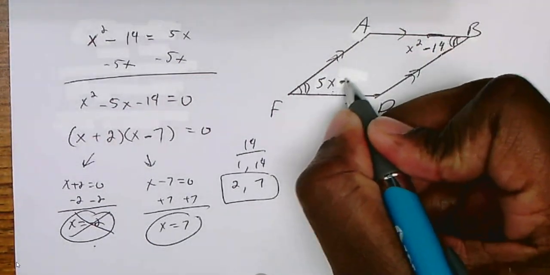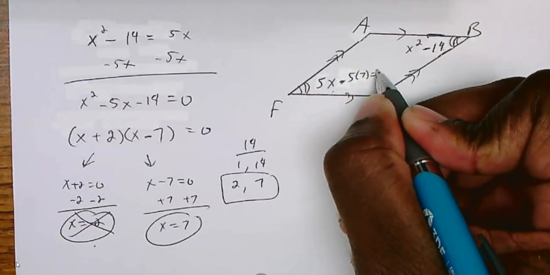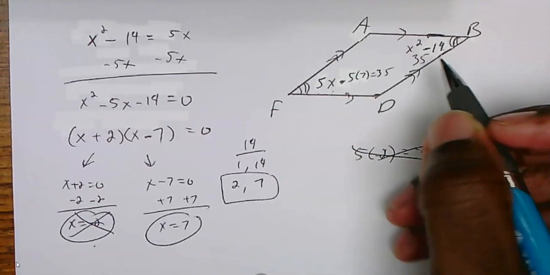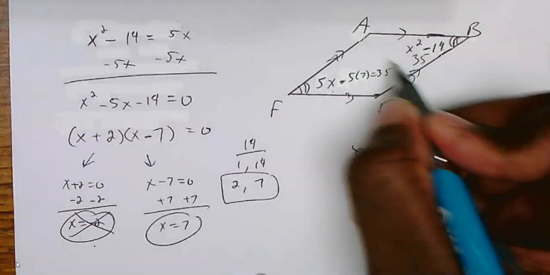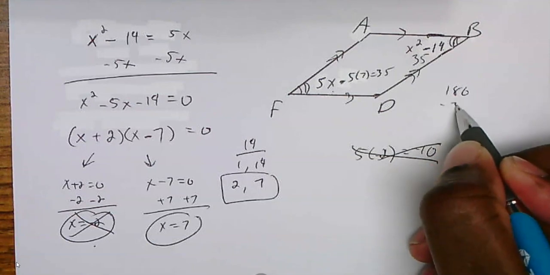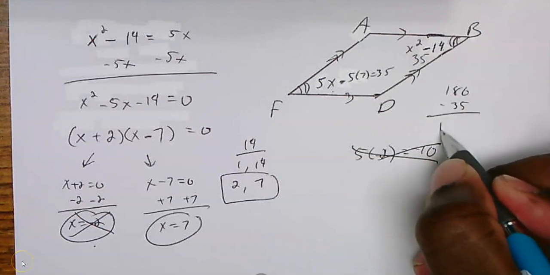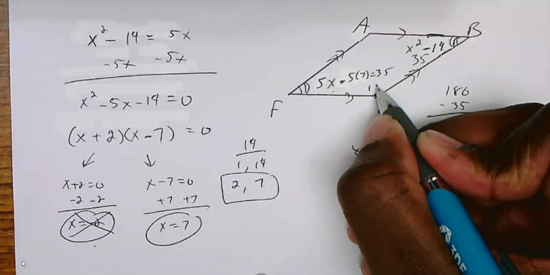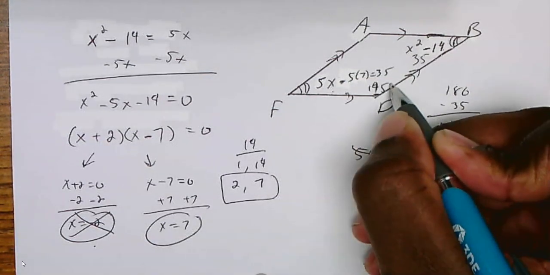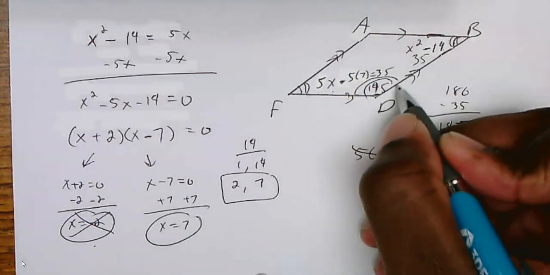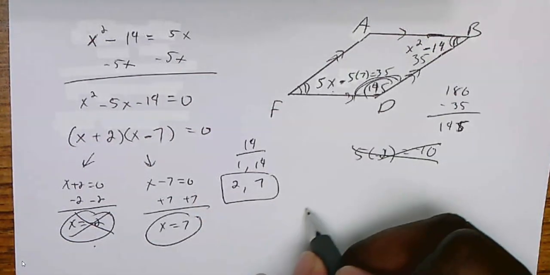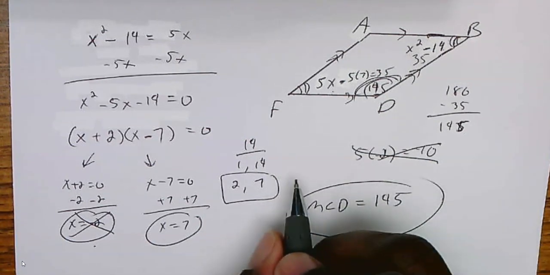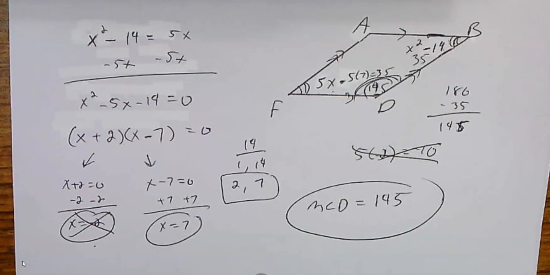And if that's 35, this is 180 take away 35. So that's 145. So angle D has to be 145. So I know the measure of angle D equals 145. All right, let's do one more.